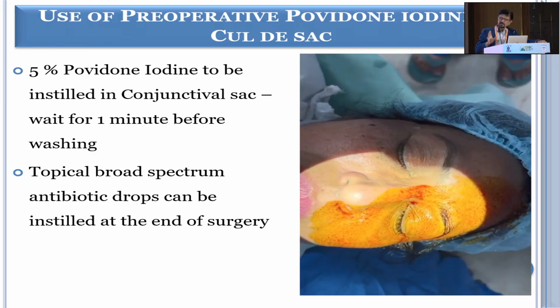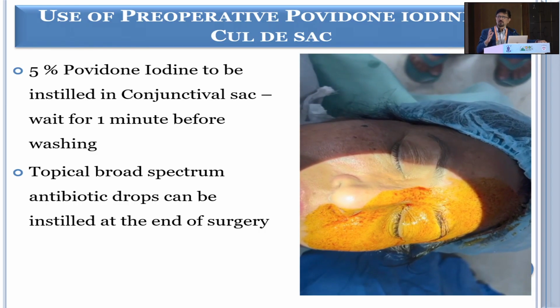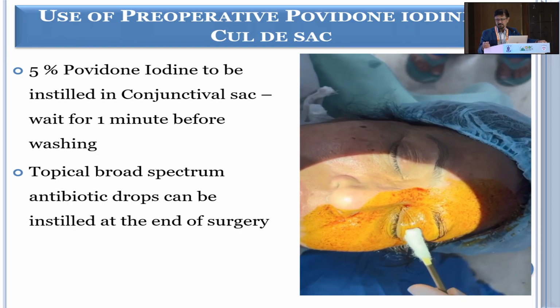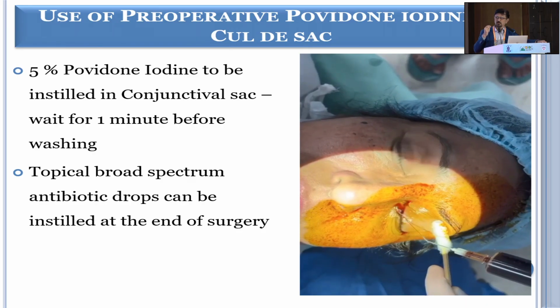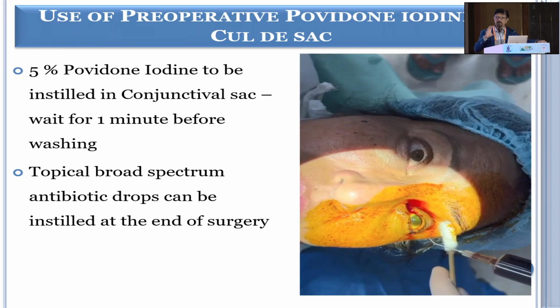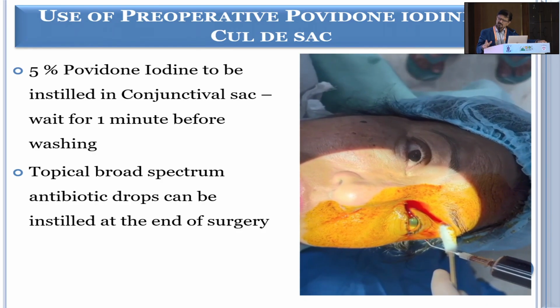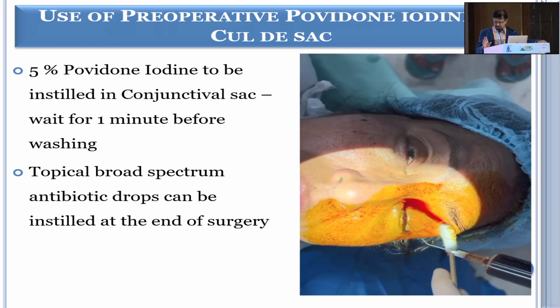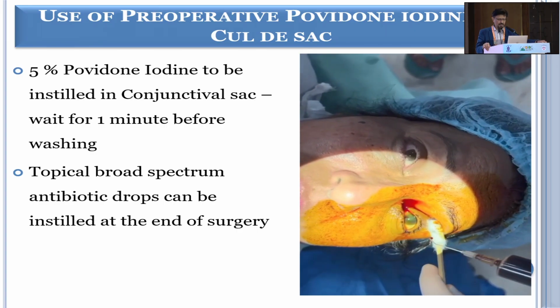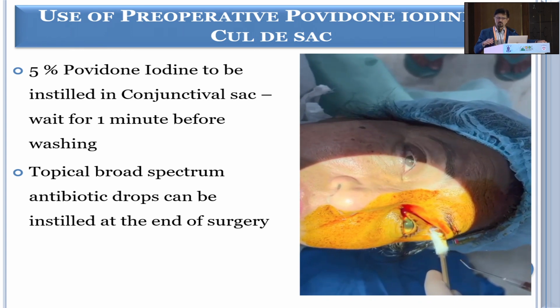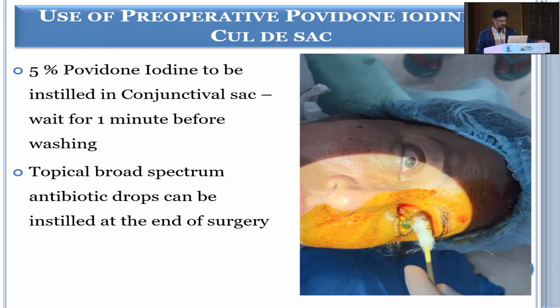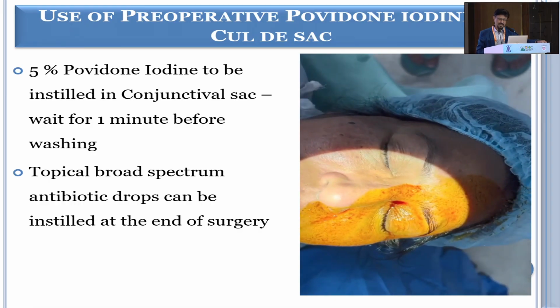We should dilute it to 5%, otherwise 10% betadine does cause some surface toxicity. So when we are instilling into the eye, it should be 5% betadine, and it should be kept for 1 minute. Sometimes in some countries like the UK, even double contact with betadine is done in order to prevent endophthalmitis, and it has a definite role.